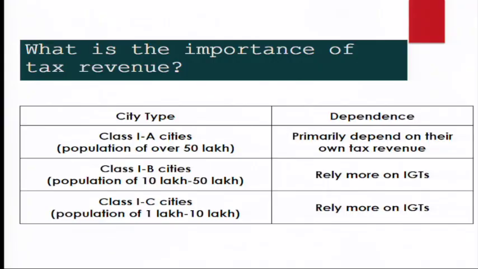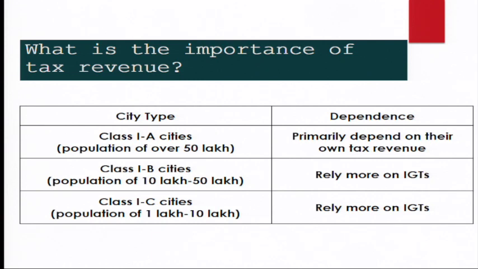Now, what is the importance of tax revenue? This is very important to understand the positioning of the urban local bodies in different categories of cities. We have class 1A cities, class 1B cities, and class 1C cities. We can divide the metropolitan cities into three types with regard to population.